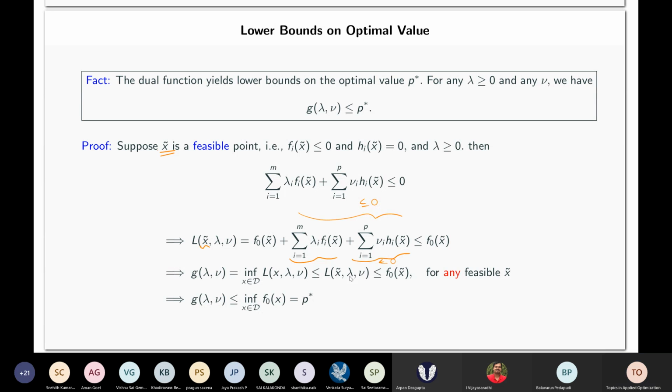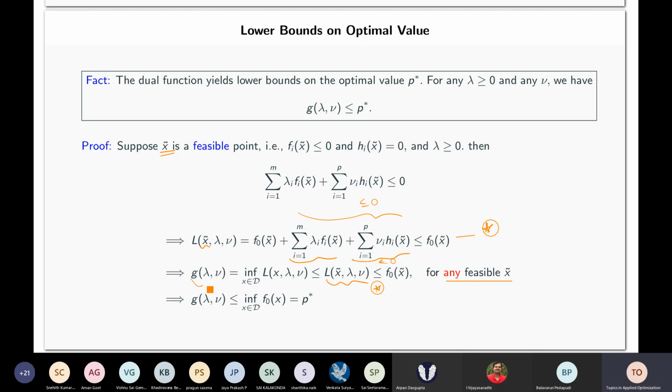and so the infimum must be less than or equal to the Lagrangian at some arbitrary value, because this is the infimum. This is the minimum possible value that you can get. It must be less than or equal to L computed at some arbitrary value. So this is less than or equal to L at x tilde, and then we know from above, from star, that L of x tilde, lambda, nu is less than or equal to f naught of x tilde, and this is true for any feasible x tilde.